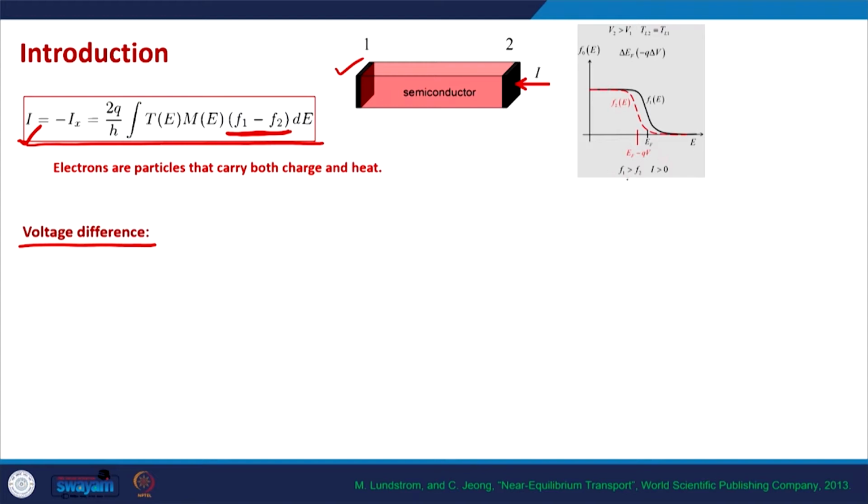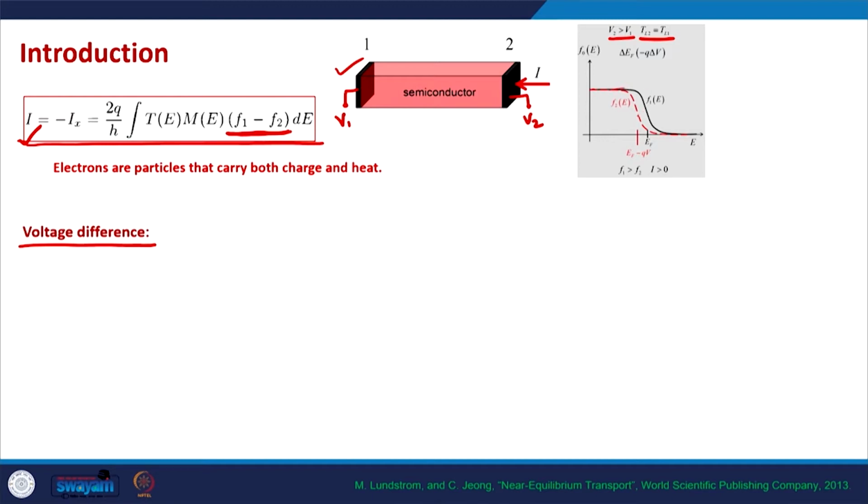In this case V2, the voltage on terminal 2, is greater than V1, the voltage on terminal 1, and we are assuming that the temperature on both terminals is equal. So if V2 is greater than V1, the Fermi level of contact 2 will go down, and the Fermi-Dirac distribution function on contact 2 will be shifted to the left this way.